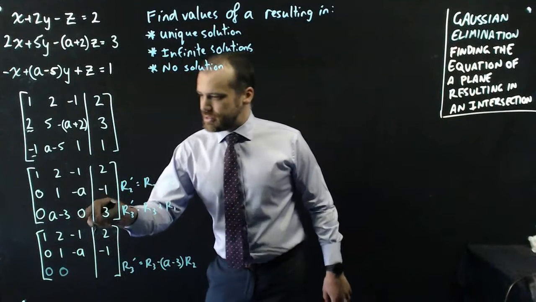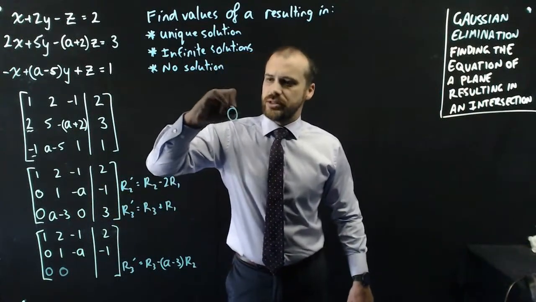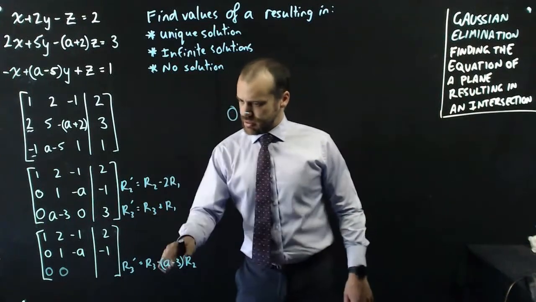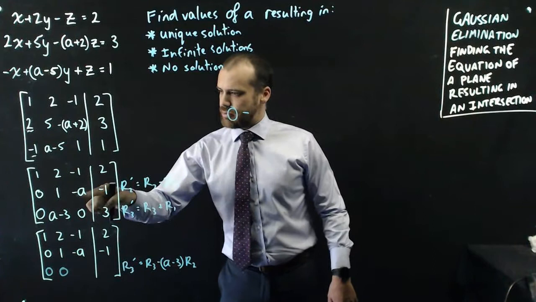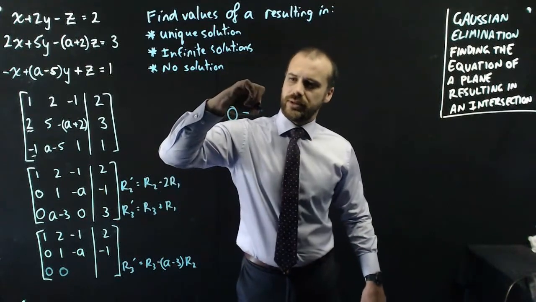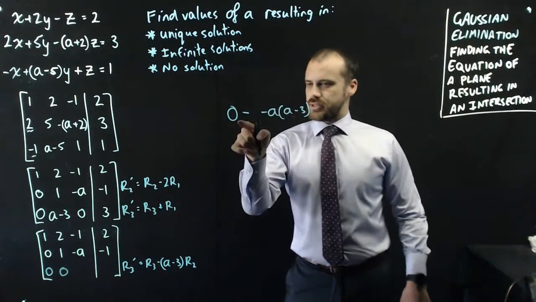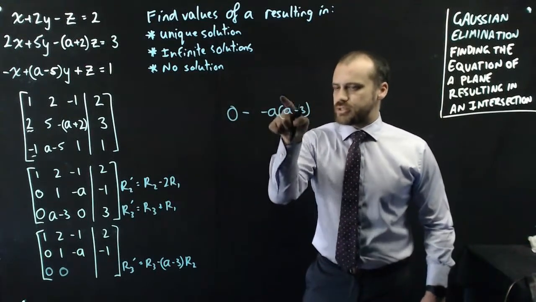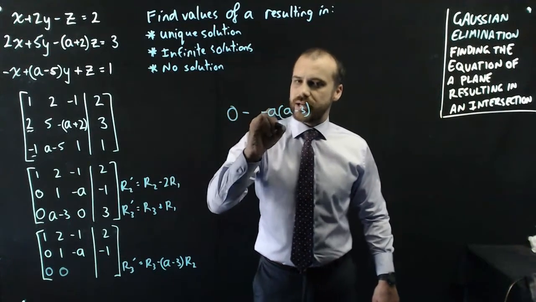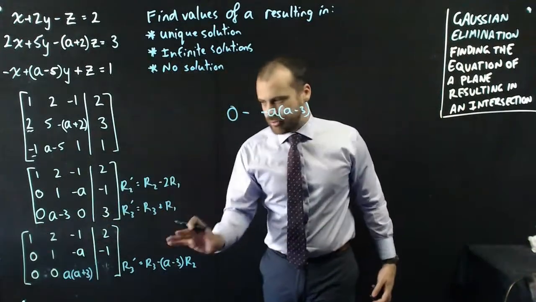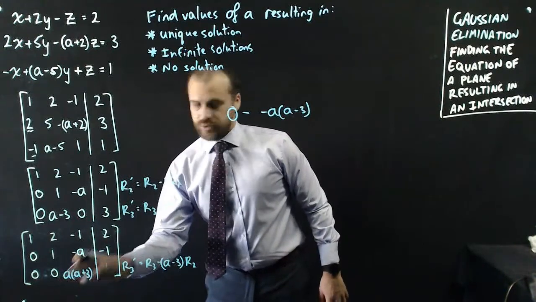And then we get 0 minus, we need to write this out, this is too confusing. 0 minus a minus 3 times negative a. Negative a times a minus 3. Alright, so that's 0 minus a times a minus 3. So that's going to be 0 plus. Alright, so just have to make a little more space there, but we get this a bracket a plus 3.